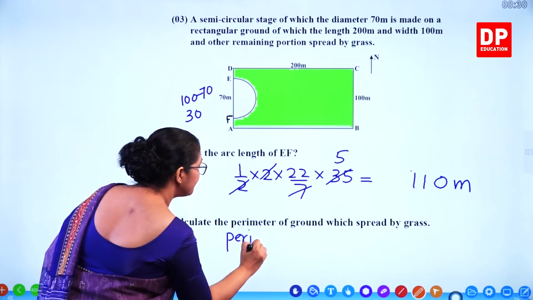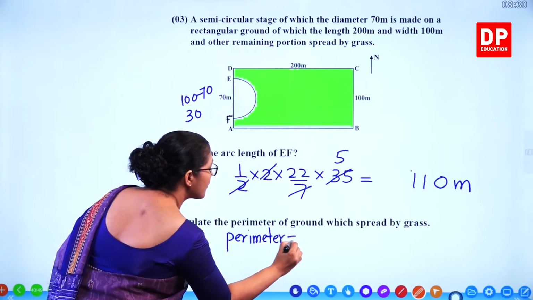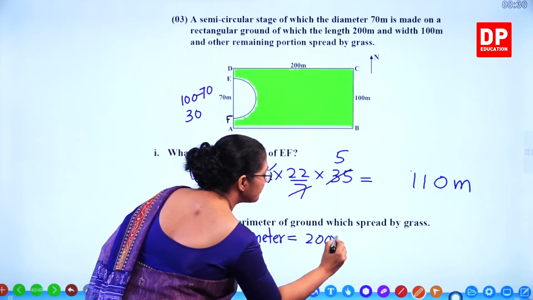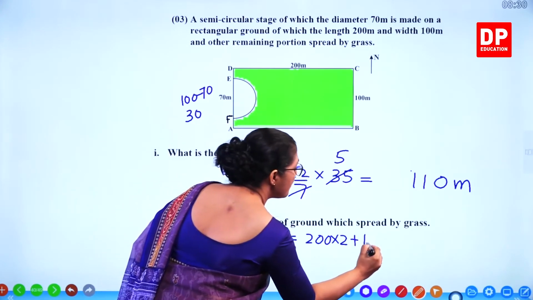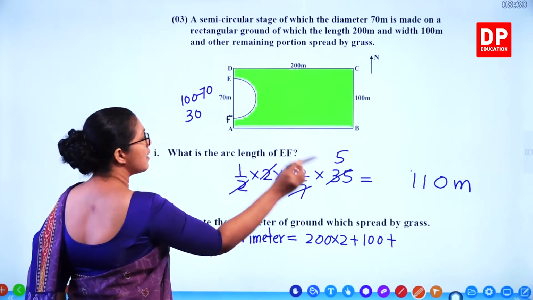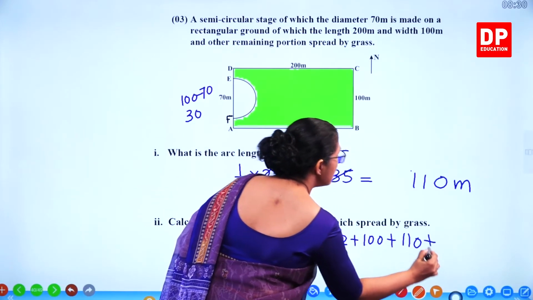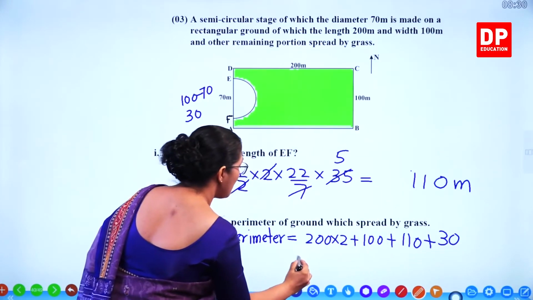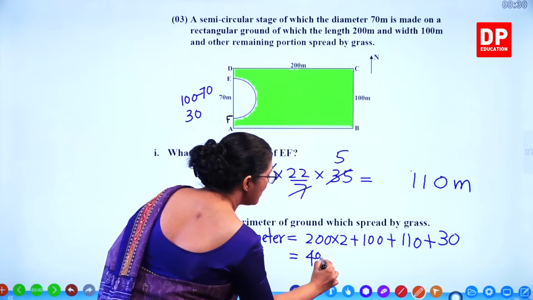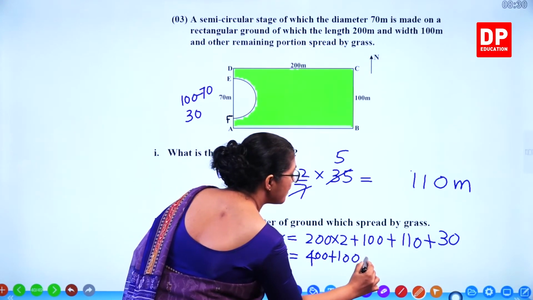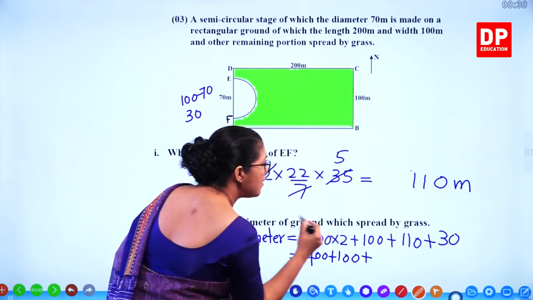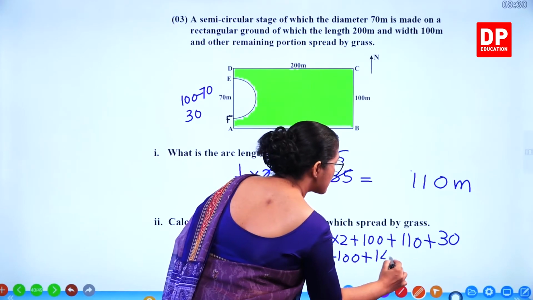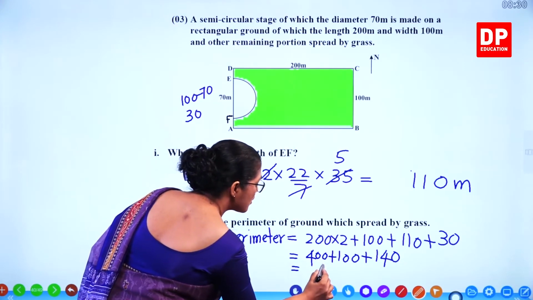Perimeter is equal to 200 twice. And this side 100. And the arc length 110. And these two lengths, that's 30. Now add it. 400 plus 100, 500. 500 and here 640. This is 140, so 640.